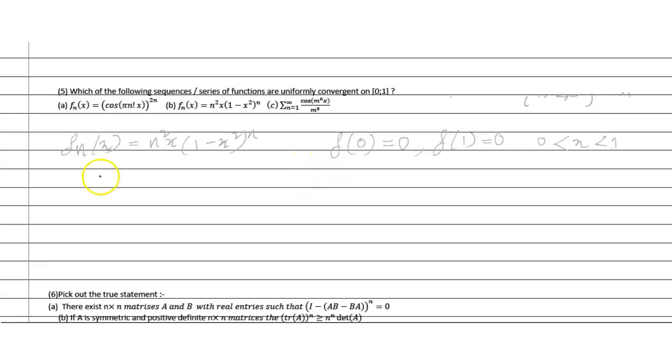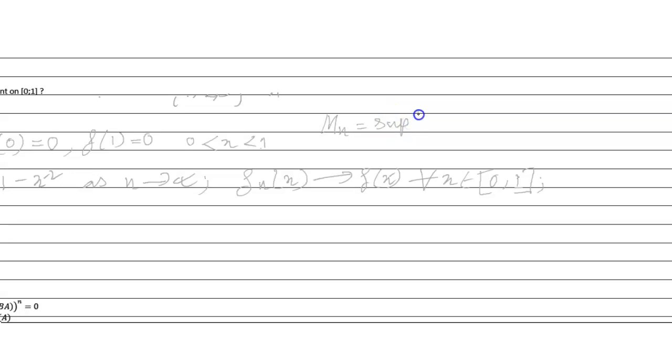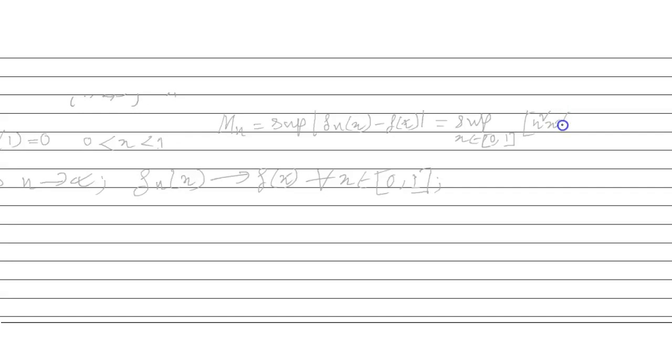This value is 0 and 1, and f(n+1) divided by f(n) equal to (n+1 divided by n) whole square into (1 minus x square), and this value is 1 minus x square as n tends to infinity, and fn(x) belongs to [0, 1], and Mn equals supremum of |fn(x) minus f(x)|, x belongs to [0, 1], and n square x (1 minus x square) whole to the power n equals to 0.